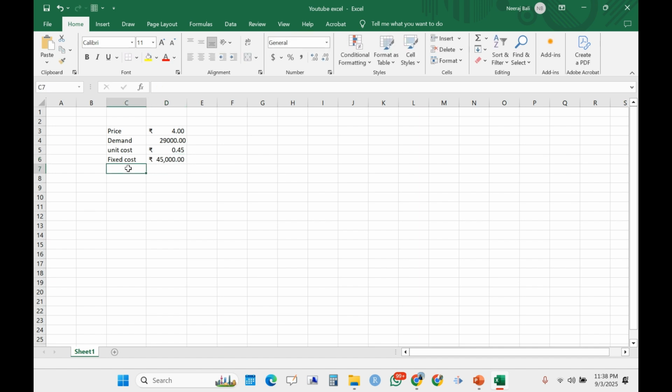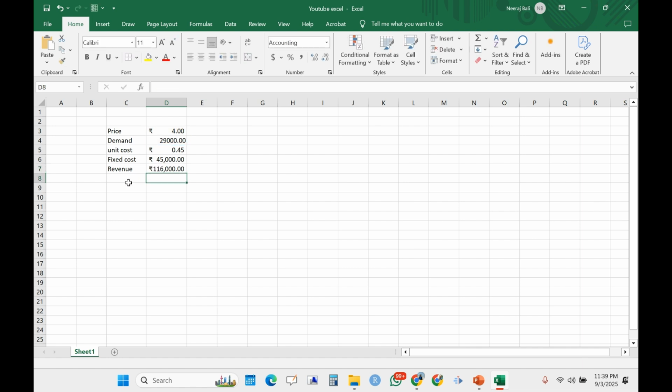Now let us calculate. So basically, price, unit cost, and fixed cost we have assumed, and now we are going to take out everything from these assumptions. What is the revenue calculation? How do we calculate revenue? It is the number of units sold or demanded multiplied by the price.